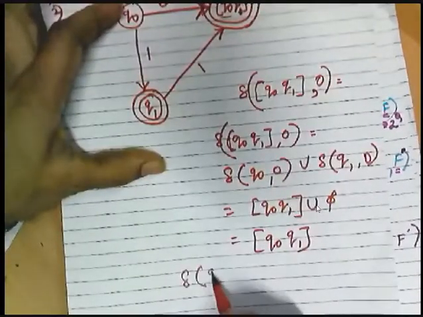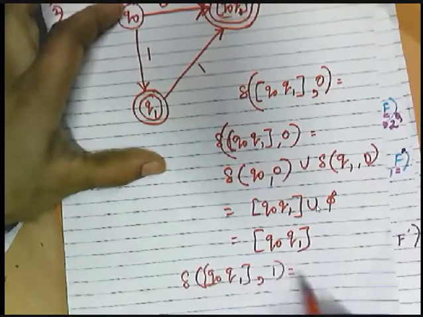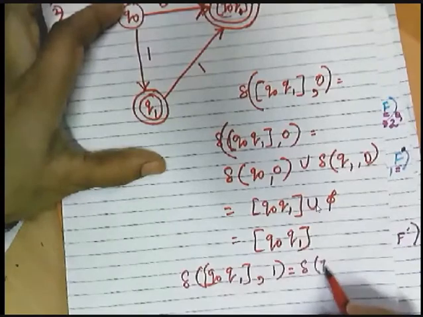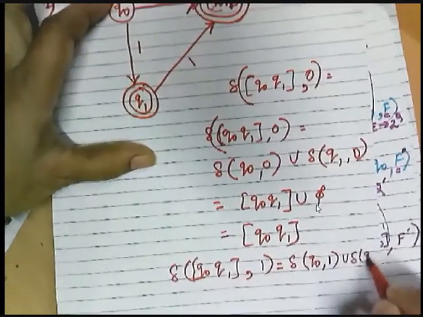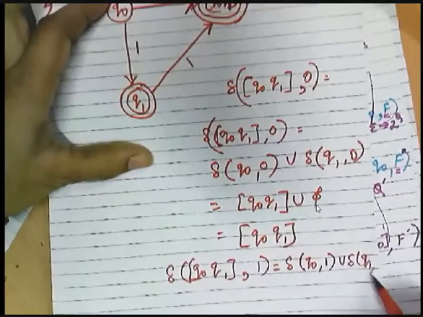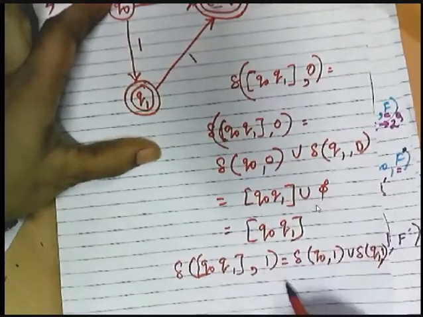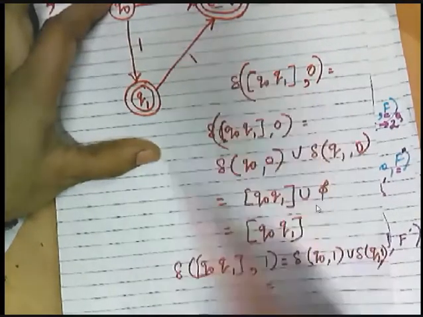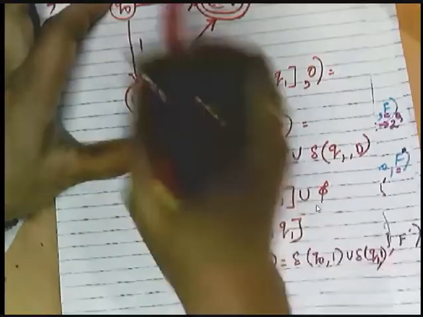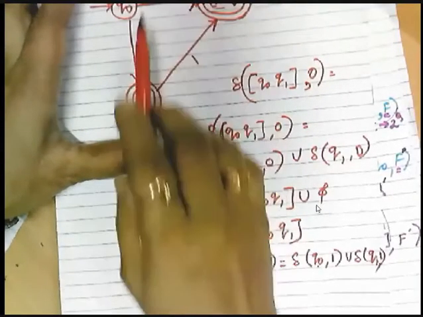Okay, in the same way, delta Q0, Q1, comma 1 is delta Q0, comma 1 union delta Q1, comma 1. So in this case what will you get? Q0 on 1 moves to Q1 only, right?